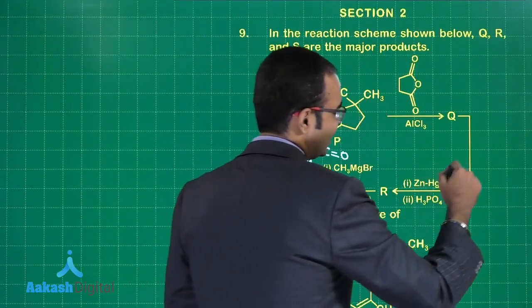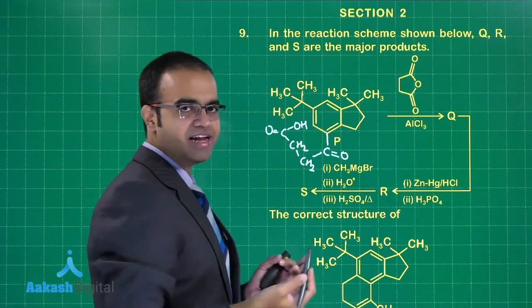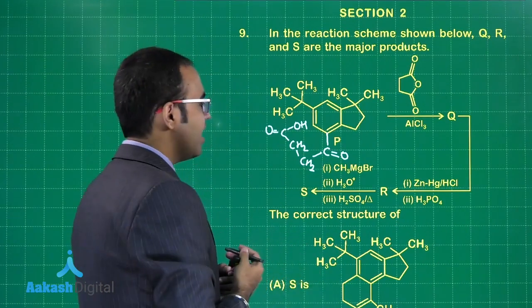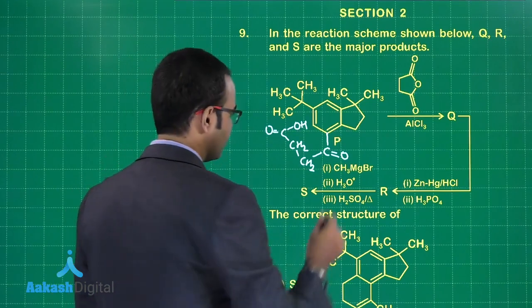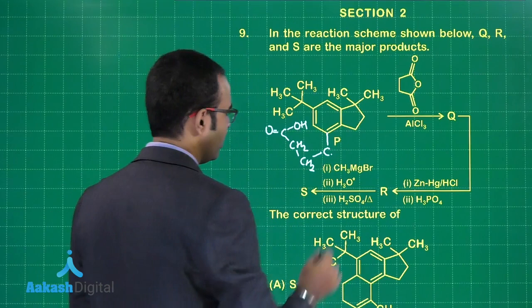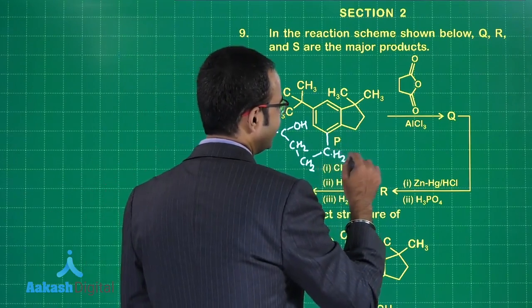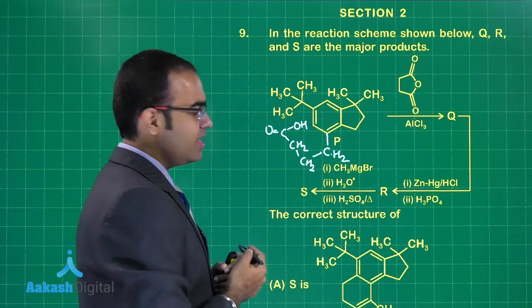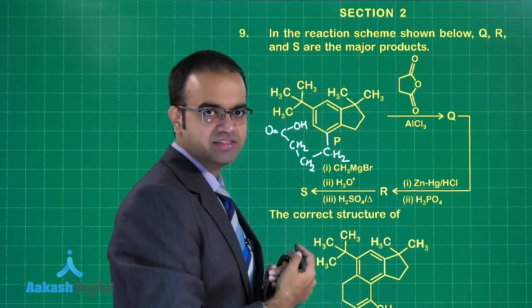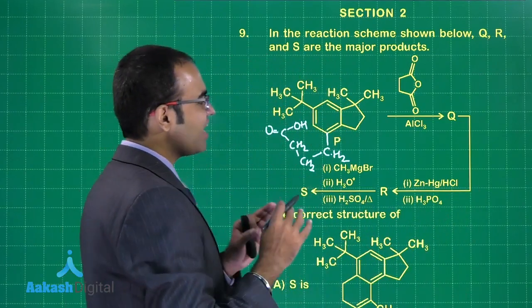If I'm adding zinc amalgam and HCl, that's Clemmensen reduction, guys. What will Clemmensen reduction do? Instead of C double bond O, I will get a CH2 over here, right? And if I'm adding H3PO4 after Clemmensen, then that will lead to cyclization.